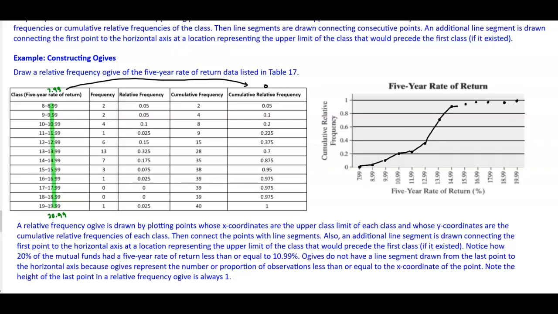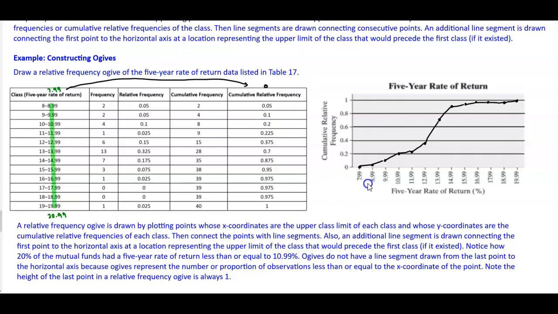And again, this represents the cumulative frequency. An additional line segment is drawn connecting the first point to the horizontal axis at a location representing the upper limit of the class that would precede the first class if it existed.